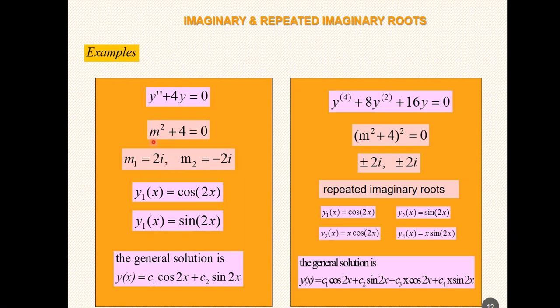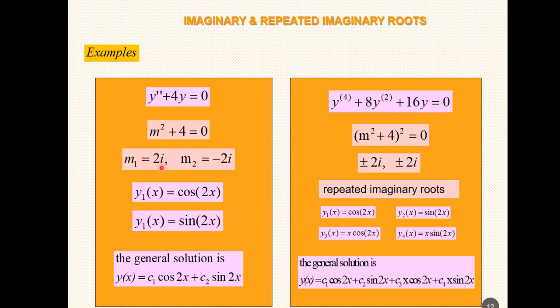Whenever you have this scenario, class, the terms that will appear in the general solution will be a pair of cosine and sine functions whose argument is equal to the numeric value of your imaginary root. So this is 2, so this is 2x. This is negative 2, so this is 2x.